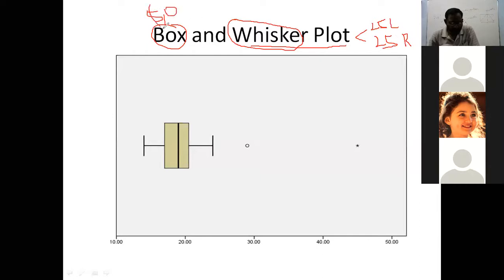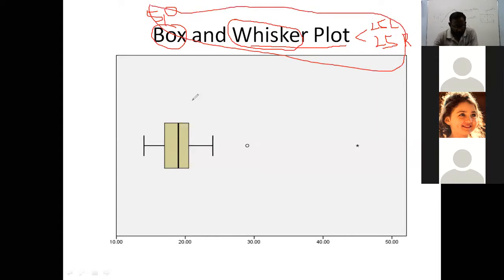So altogether, we can explain 100% of the data. This is how a typical box plot looks. Once you use the software, it will show graphically what a box plot is, right?